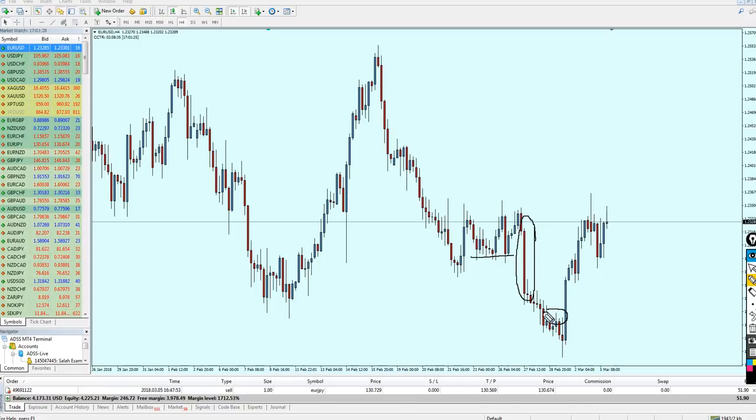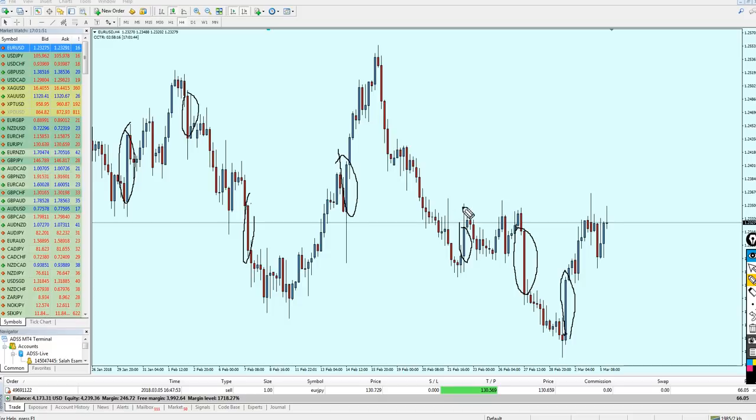If you have a resistance, it will be broken out by a long blue candle, green candle, or what we call a strong bullish candle. It will always be a long candle like this one, this one, this one, this one, this one, this, and this. Always the breakout candle is identified as a long candle.